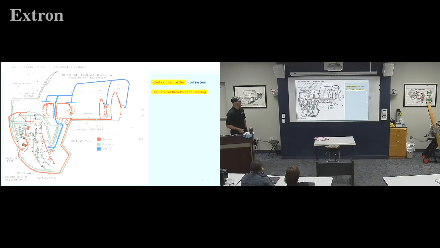So our fixed orifices are what we use to regulate how much. So that's just like our carburetors, right? We say our main metering jet regulates the fuel. Well, yeah, all by itself, it kind of does. It works with a couple other things, but it's in yellow and red because I'm pretty sure that shows up on Prepware and exam questions.